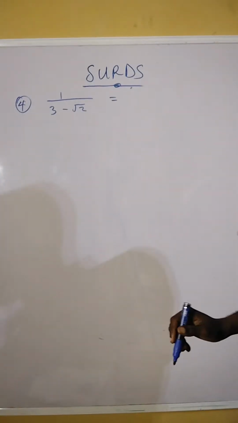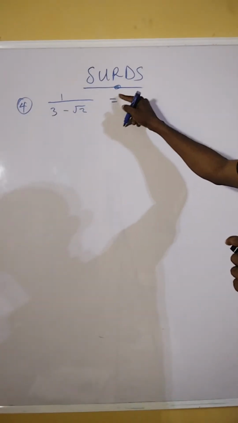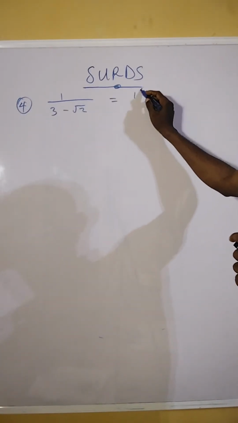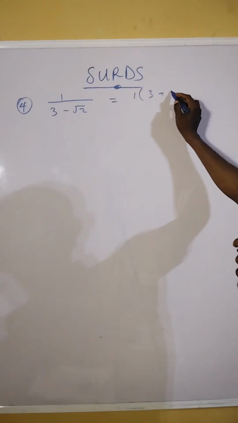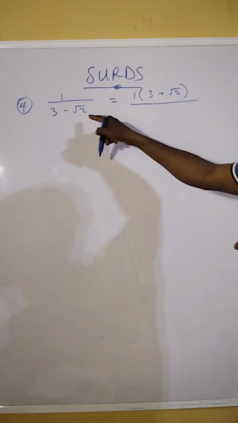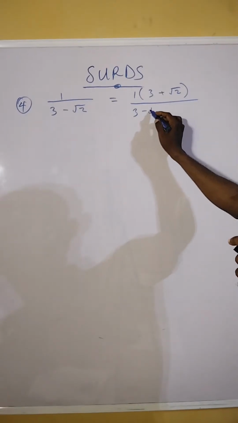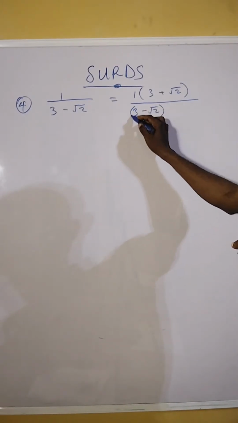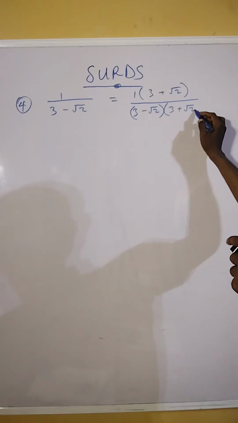Also, when we rationalize this, we multiply and divide by the conjugate surd of the denominator. So here we have 1 times the conjugate surd here, that's 3 plus root 2. Then divided by, also multiply this by the conjugate surd. We have 3 minus root 2 multiplied by 3 plus root 2.